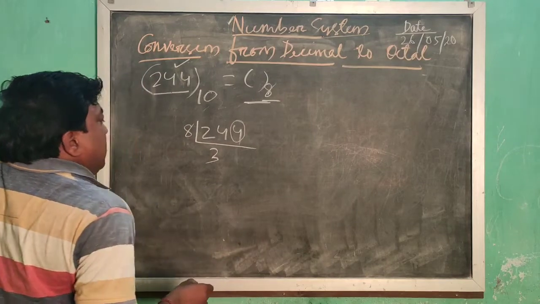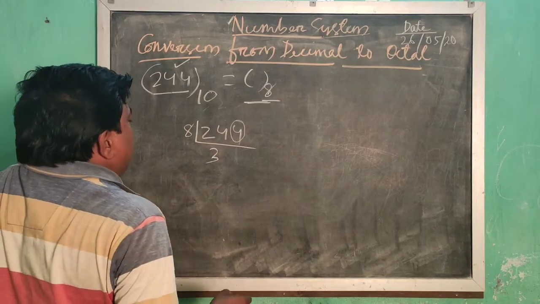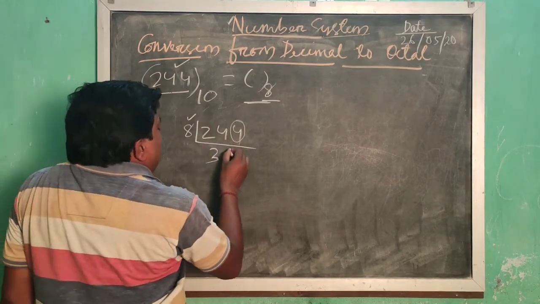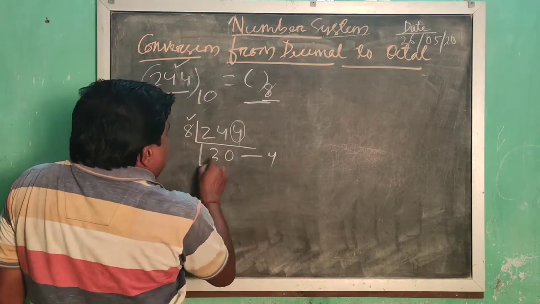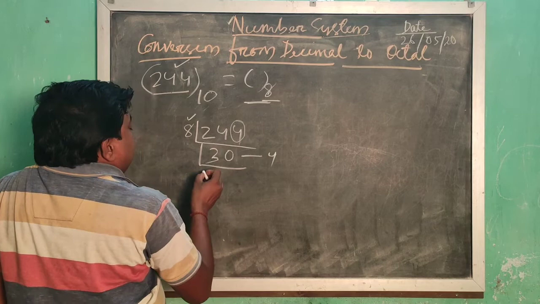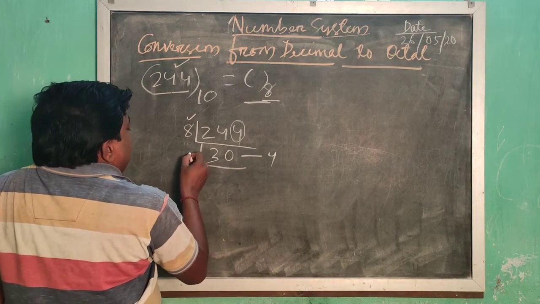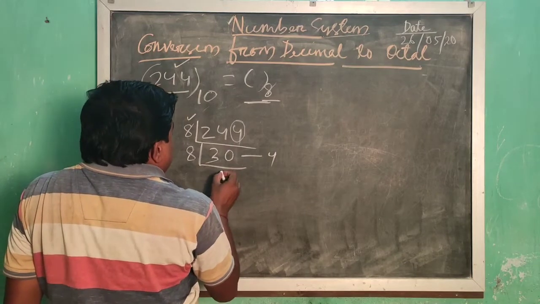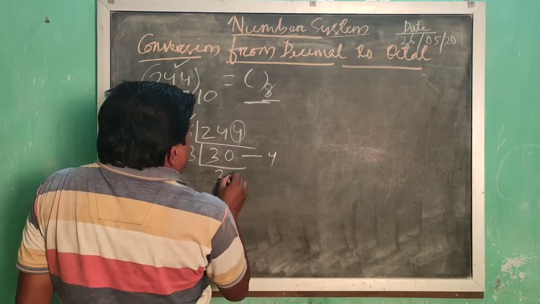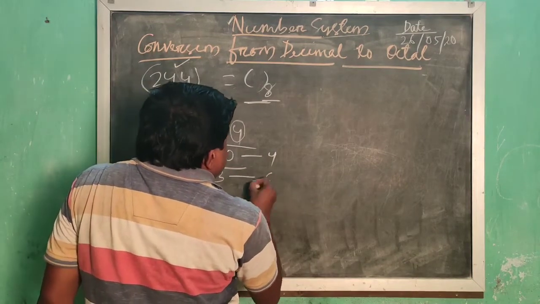Here we are not able to divide 4 by 8, so we will write here 0 and remainder will be 4. Then again we will divide 30 by 8, then 8 threes are 24, left 6.